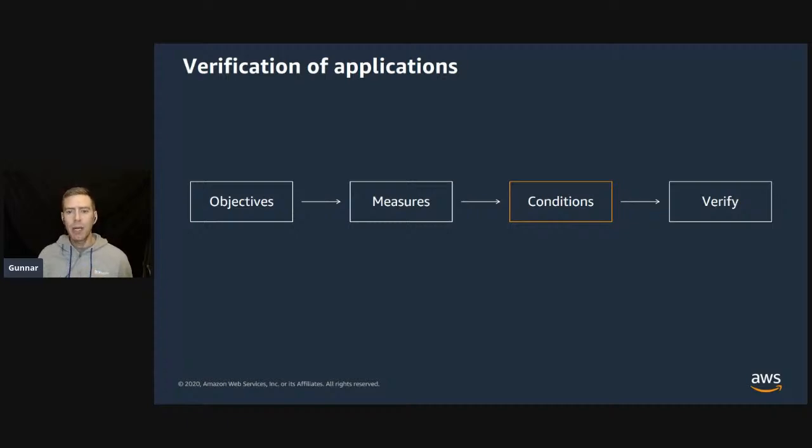And when we're working with verification, we're adding these conditions as a way to learn about how our system behaves. So it's really not about breaking the system. It's about learning, and it's about building that confidence, the confidence we can only gain by testing and learning how our application behaves. So let me show you some examples of conditions we can add.